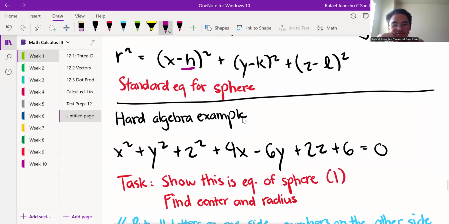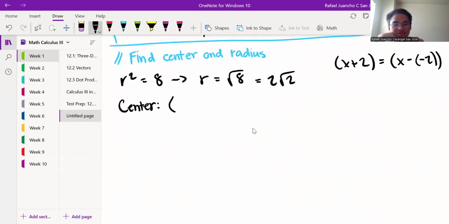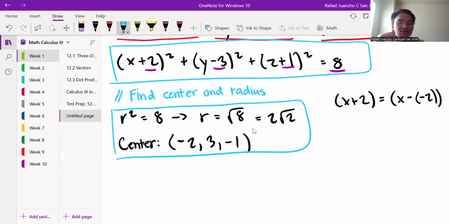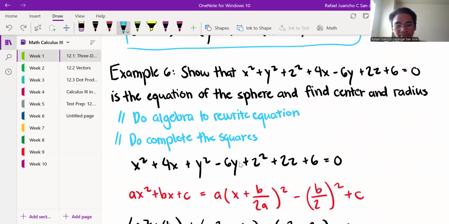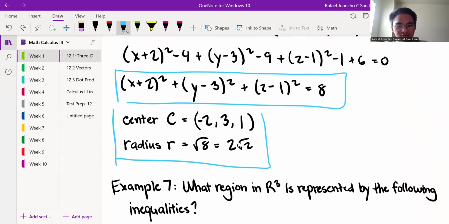So our center is going to be negative 2, 3, negative 1. So that's our center and radius. And now we can do some amazing stuff with that. Yeah, same idea.